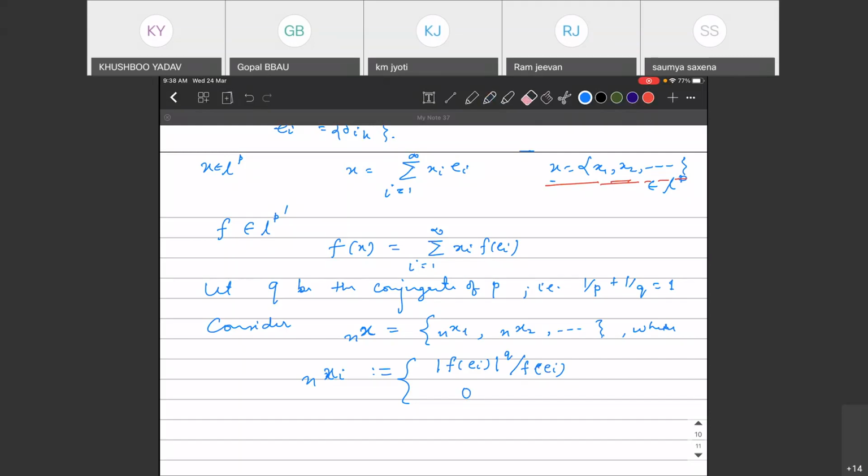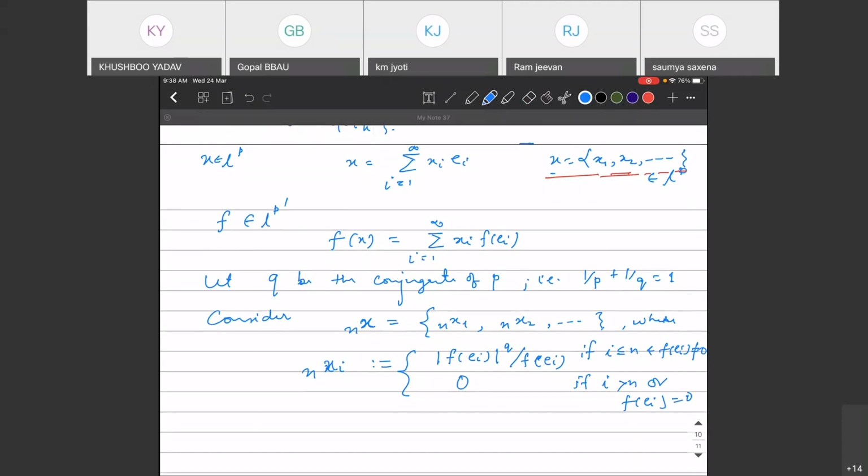Okay, 1. So this is, if i is equal to n and f of ei is non-zero. If i is greater than n or f ei is 0, call it 0. Define 0.